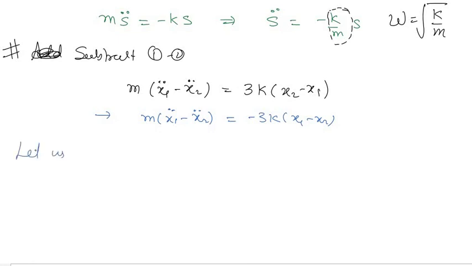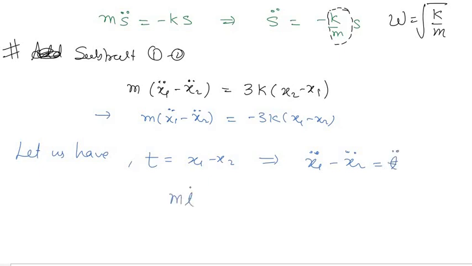So let us have another normal coordinate, that is t. Let us say that is x1 minus x2. This implies that x1 double dot minus x2 double dot is equal to t double dot.